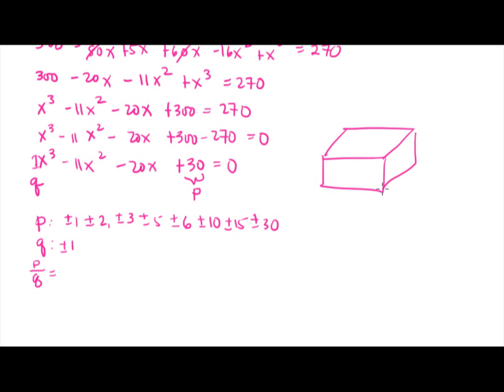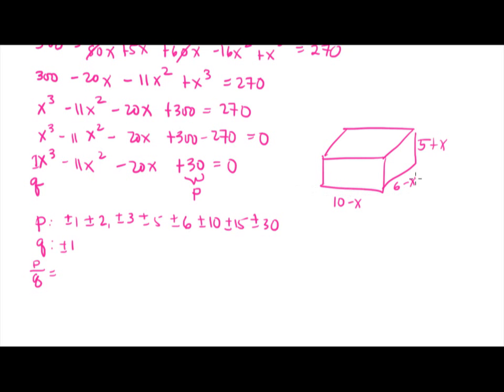And at the same time, take note that the figure that we want has 10 minus x as the length, 6 minus x as the width, and 5 plus x as the height. So obviously x cannot go beyond 10, and it cannot even be 10, because otherwise this will be 0 or a negative length, so that cannot be for a side.